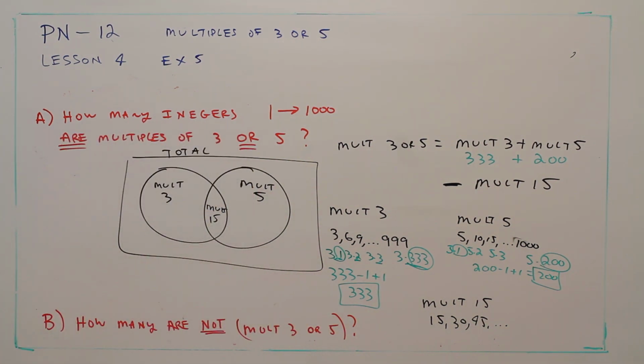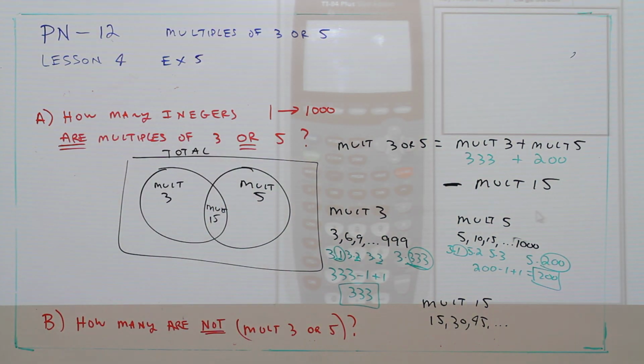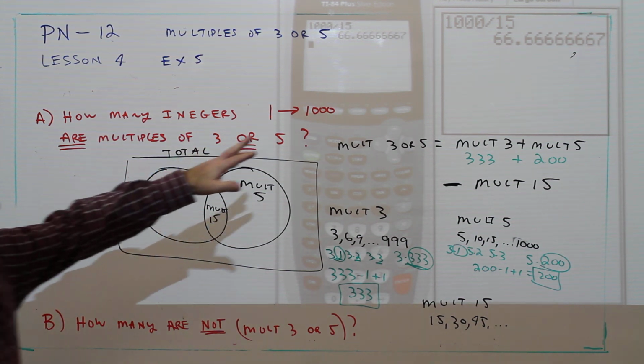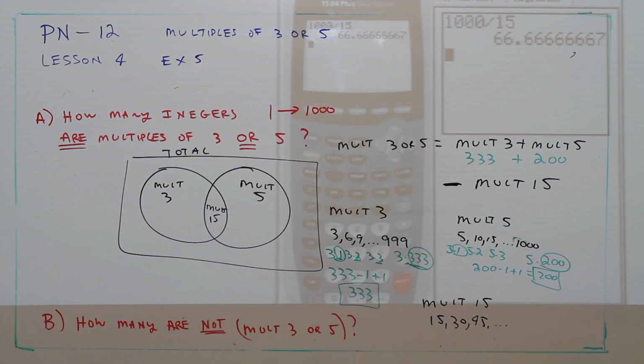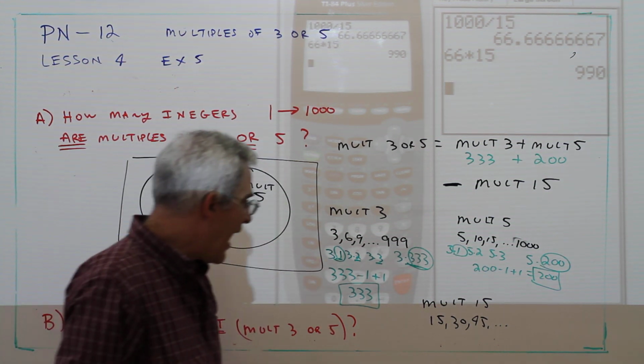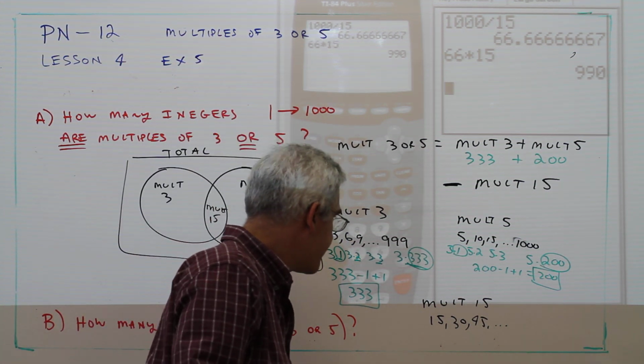All I'm going to do is take 1,000 divided by 15, and I get that. I'm going to take that whole part, 66, and find out 990 is my highest.